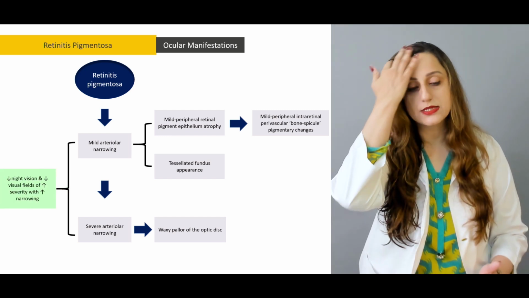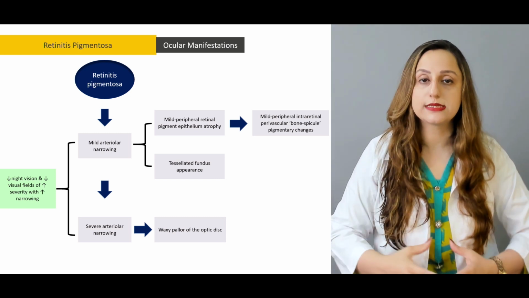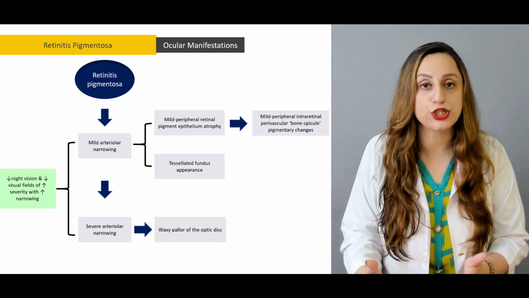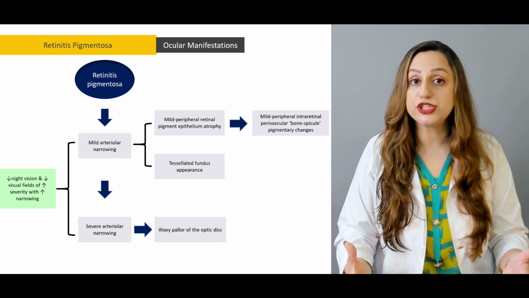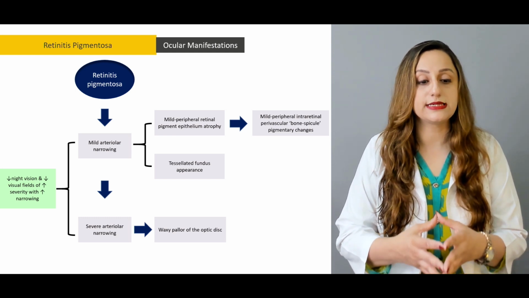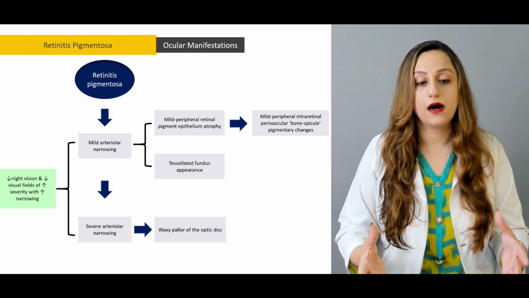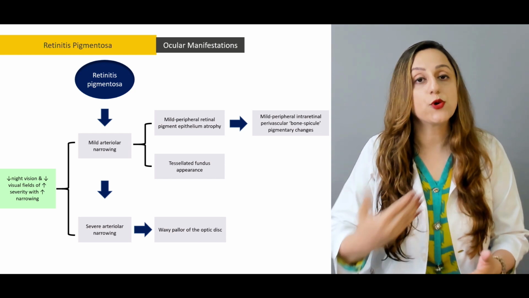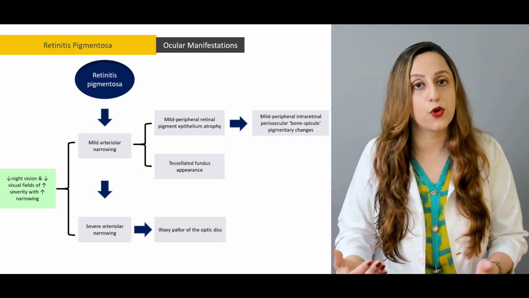The night vision is going to be decreased in these individuals. These are the particular clinical features that the patient would be reporting to you. He or she would report a decrease in night vision or a decrease in the visual fields. The severity increases as the narrowing of the vessels goes on.